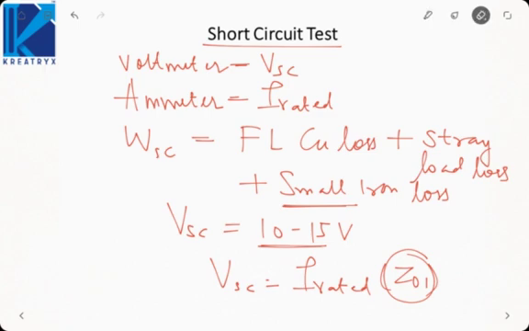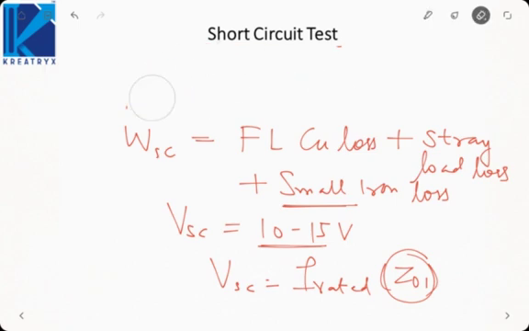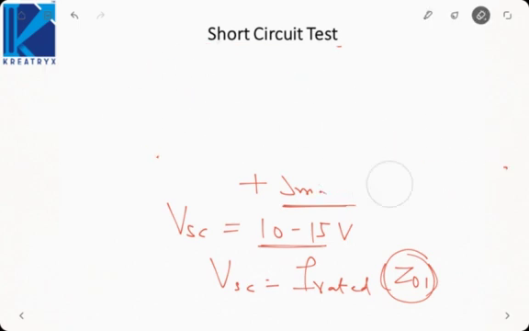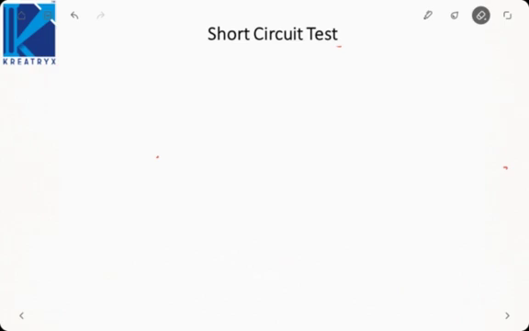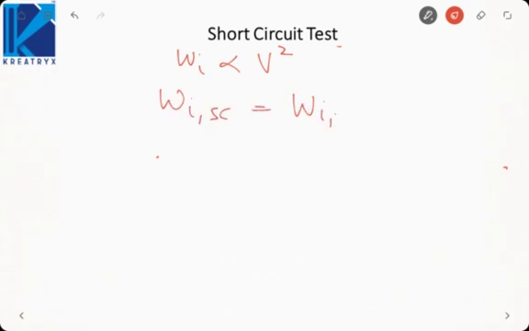If we want to map the iron losses, let us assume that iron loss is proportional to voltage square. So iron loss under short circuit condition would be iron loss under rated voltage into VSC by V rated, whole square.